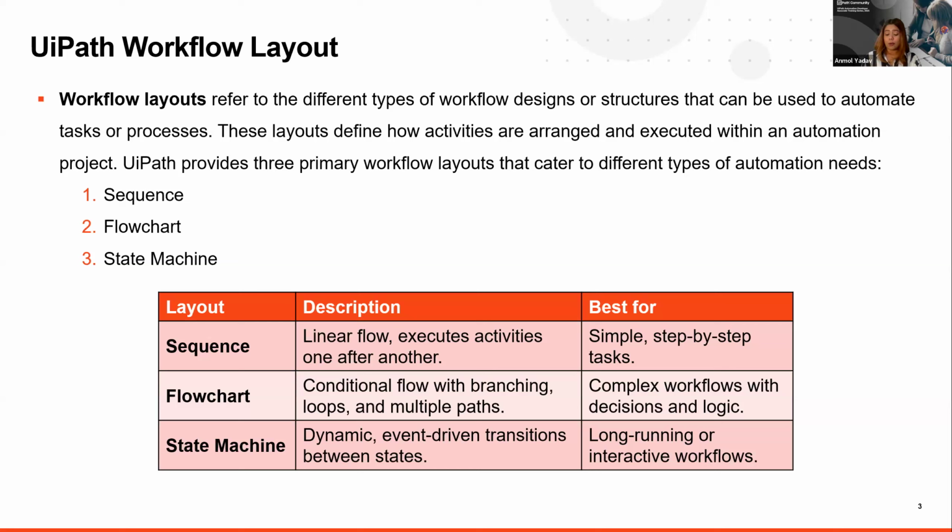So if you have a really complex project that has to go through different states and that transition to different states is event driven or has a lot of decision points in between, that's when you go with state machines. And you would see that a lot of enterprise projects would be following mostly state machines. There is also a built-in framework or a template by UiPath, which is called Robotics Enterprise Framework.